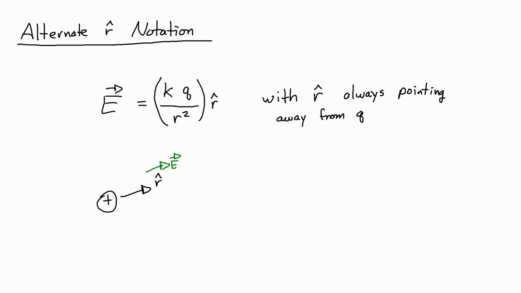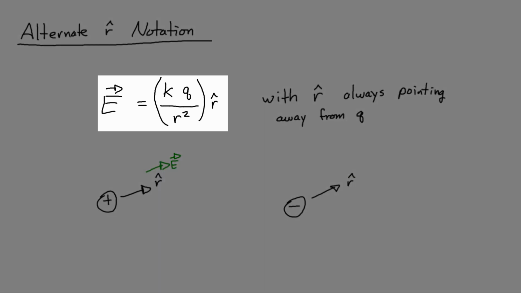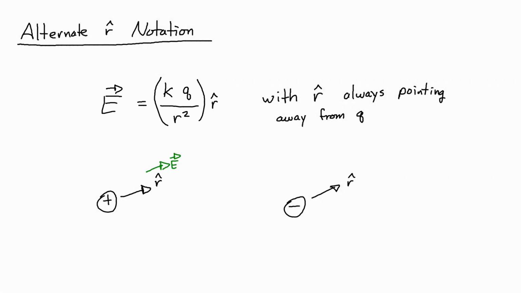If you have a negative point charge, then r hat again points away. When you multiply k and then q, and q is going to be a negative number, divide by r squared, everything in the brackets here is going to be negative. So when you actually have solved for the electric field vector, you have a negative number times the r hat, which means that the electric field is going to be going in the opposite direction, towards the point charge.